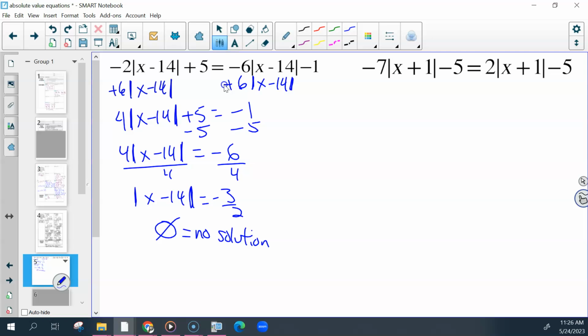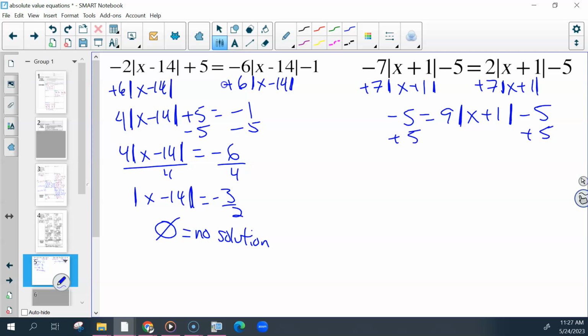So let's say I move 7 times the absolute value of x plus 1 over. Then we have negative 5 equals 9 times the absolute value of x plus 1 minus 5. And we would isolate the absolute value, add 5 on both sides.